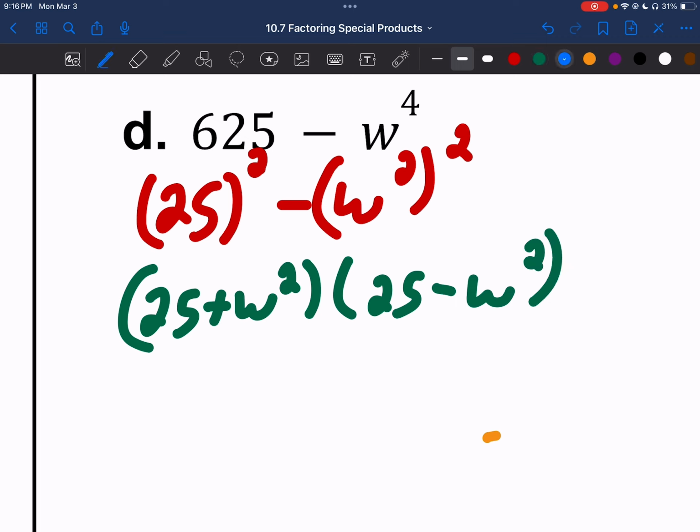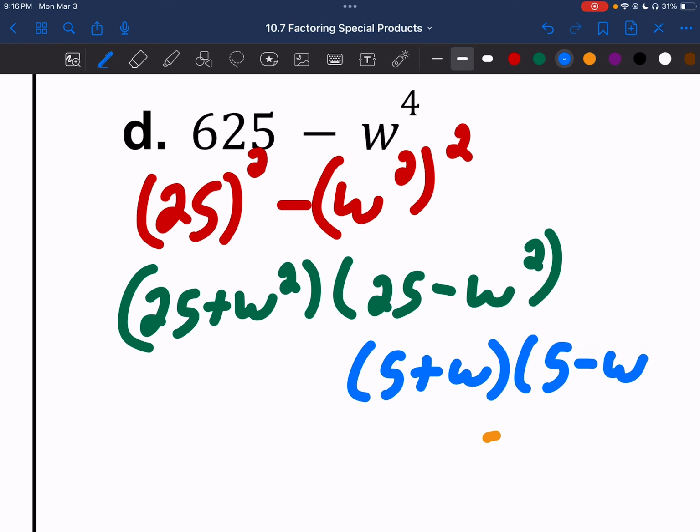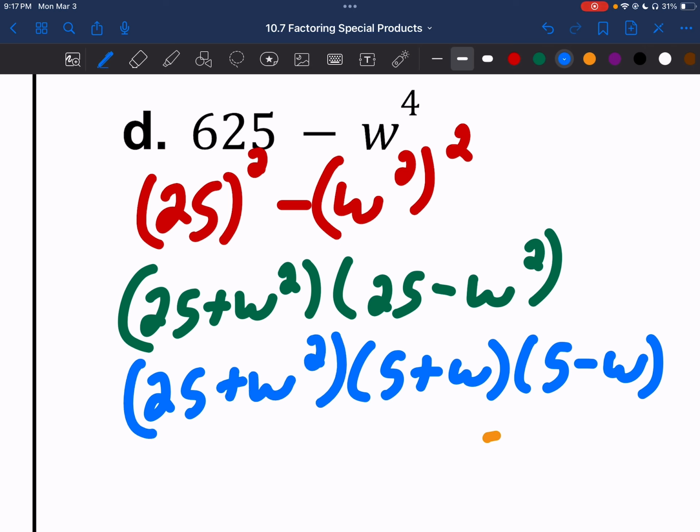But that's still a difference of perfect squares. And so now I've got (5 plus w)(5 minus w). And we bring down the 25 plus w squared from the previous term.